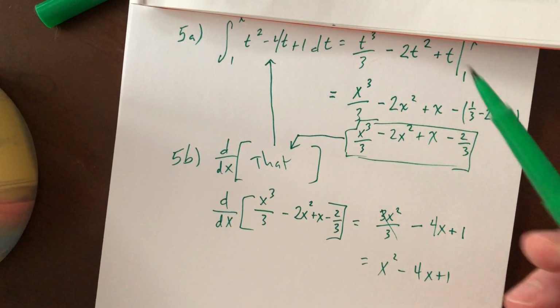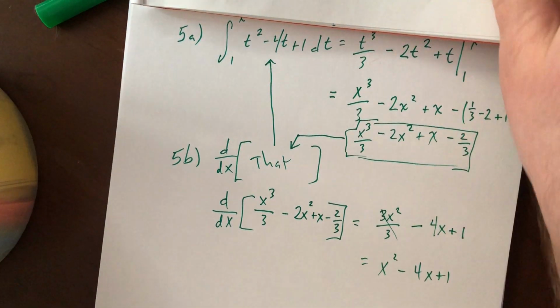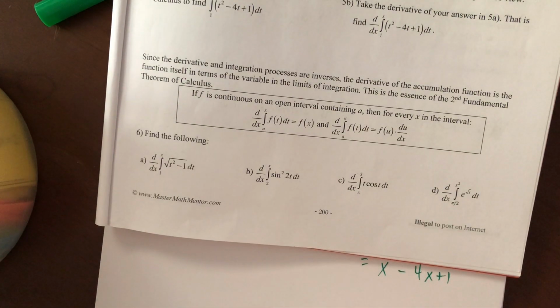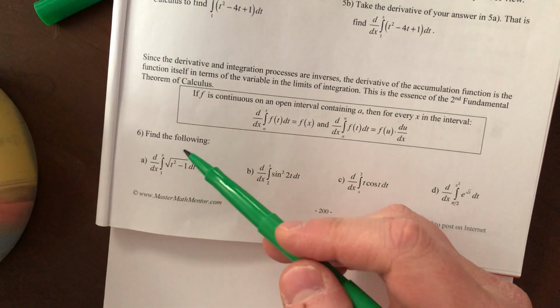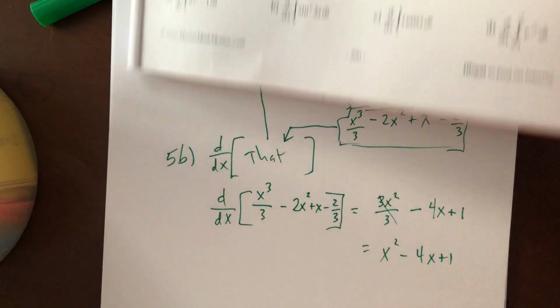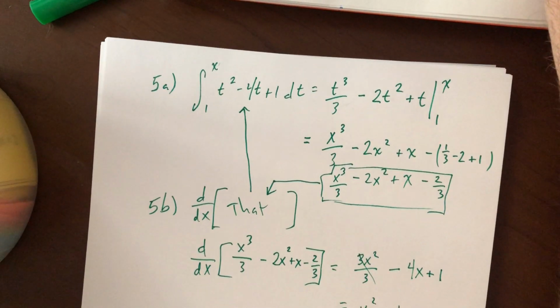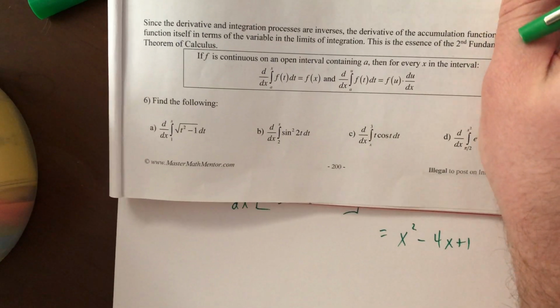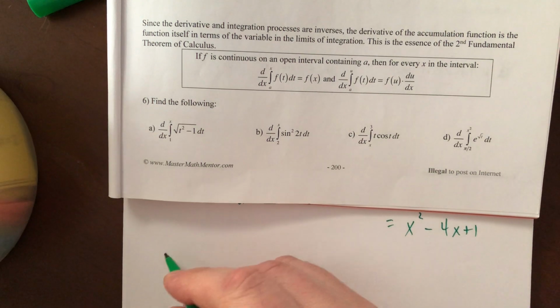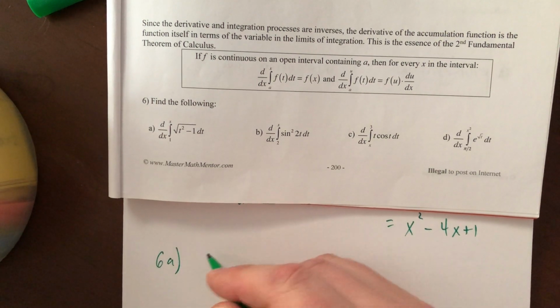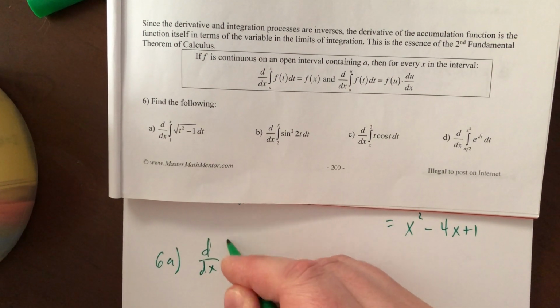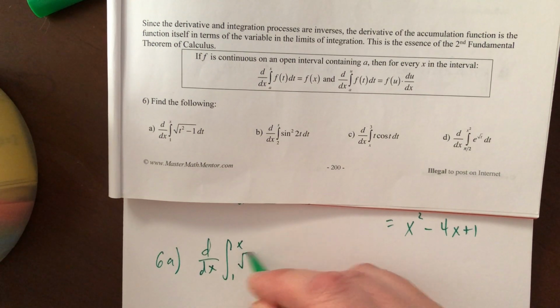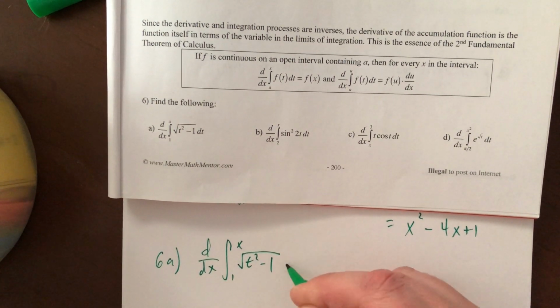So this first one here, if it goes from a number to x, it necessarily follows this and does this exactly. Therefore, you don't need to do any of that. 6a says take the derivative with respect to x from 1 to x of t squared minus 1 dt.